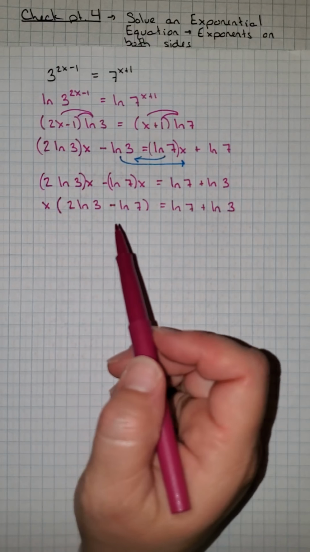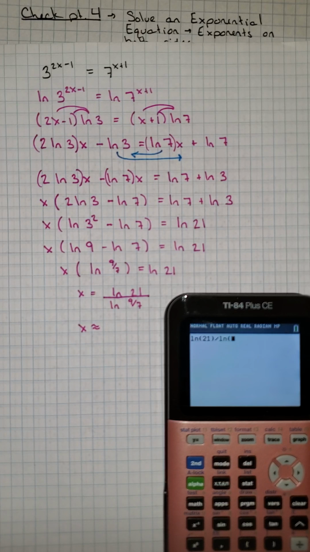Then you can just divide that. So natural log of 21 on the top, natural log of 9 over 7 on the bottom. That's what you very carefully put into your calculator. So natural log of 21, close the parentheses, divide by the natural log of 9 divided by 7.